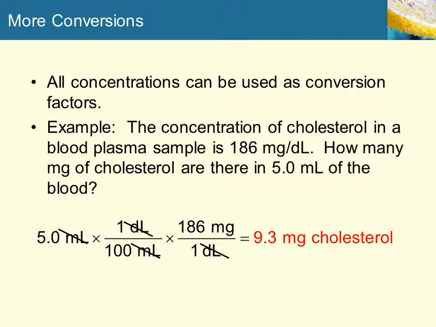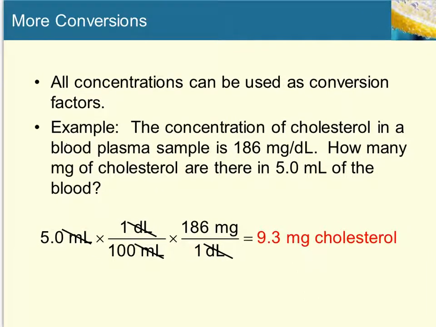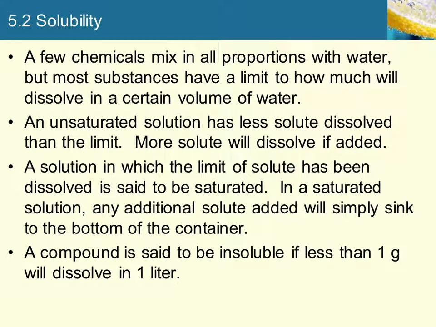And then you have this conversion factor here, 186 milligrams per deciliter, that can also be used. Then you will be left with milligrams, because that's what it asked for. These are not difficult problems, they just take practice until you get used to lining up the conversion factors.